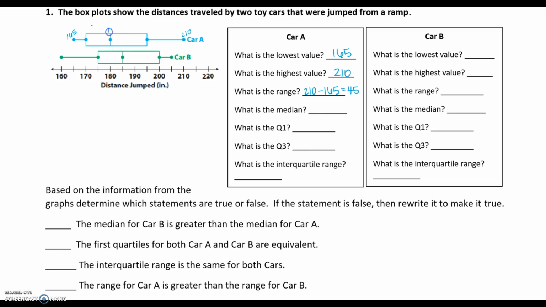The middle of the box is my median, so 180. Quartile 1 is the left side of the box, so that's going to be 170. Quartile 3 is the right side of the box, so that looks like it's 195.